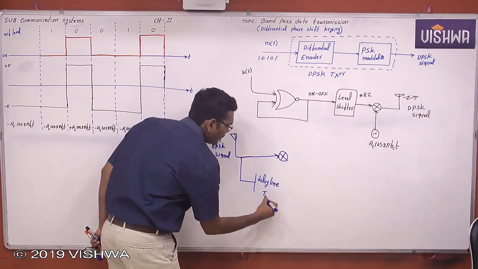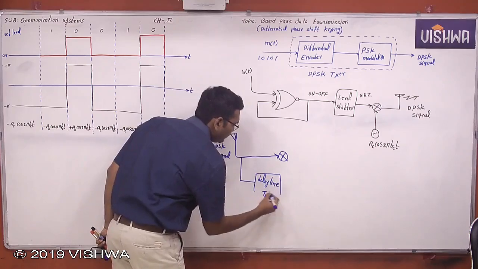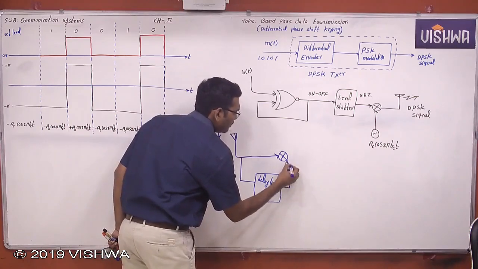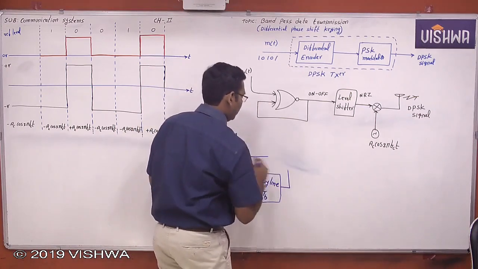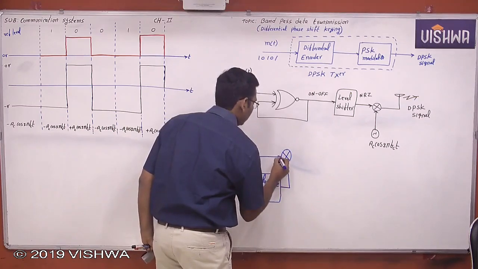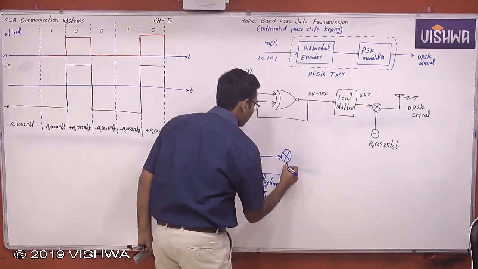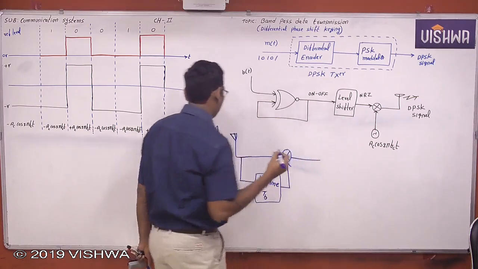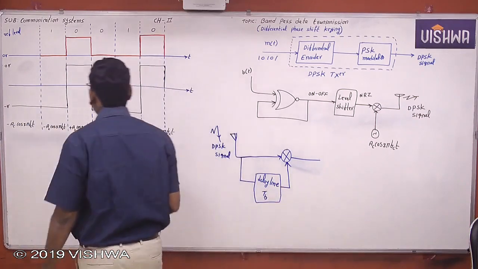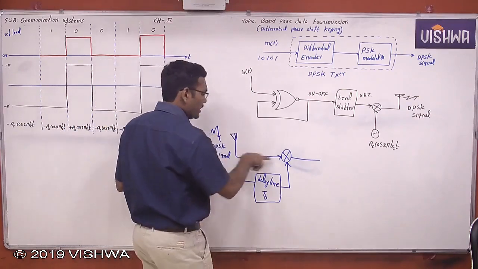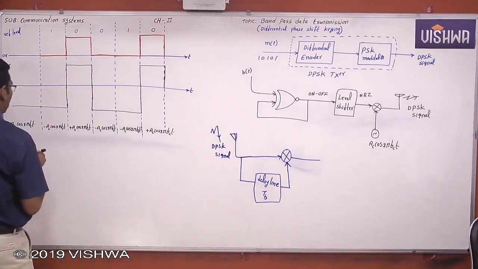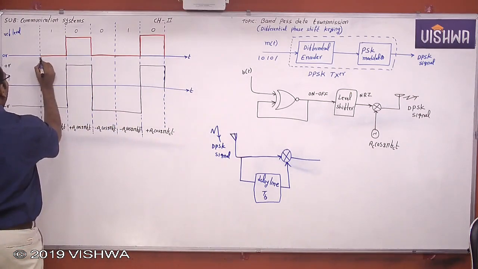Now this delay line duration is TB, the bit duration TB. See here, what is the meaning of that? One is direct DPSK, another one is with a delay of TB seconds. So which means that now each bit has a duration of TB seconds.